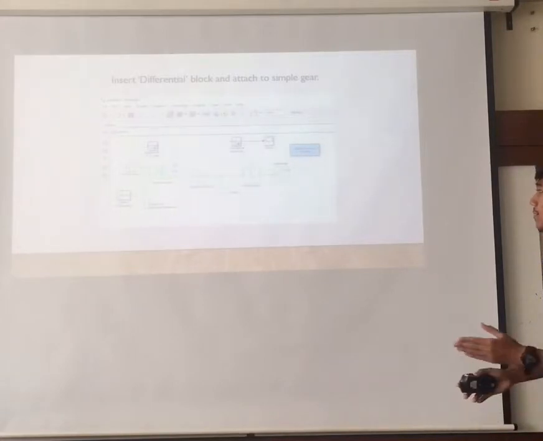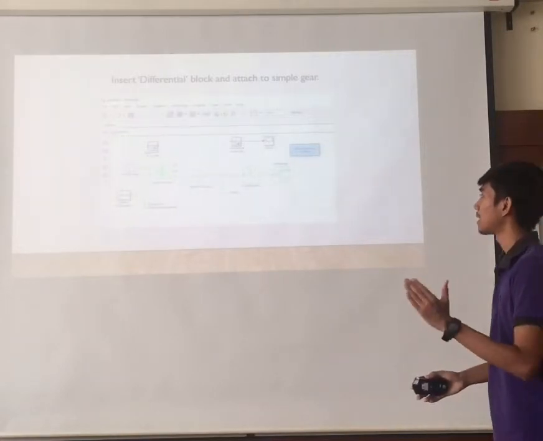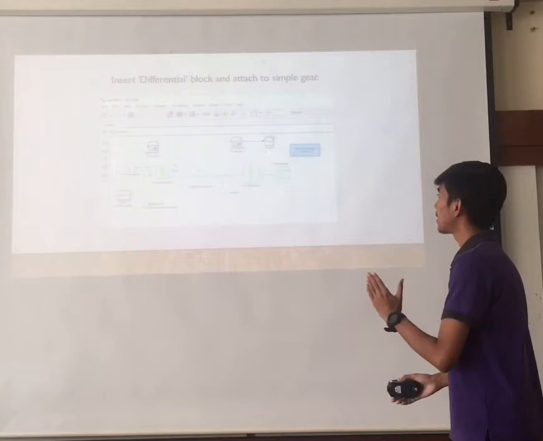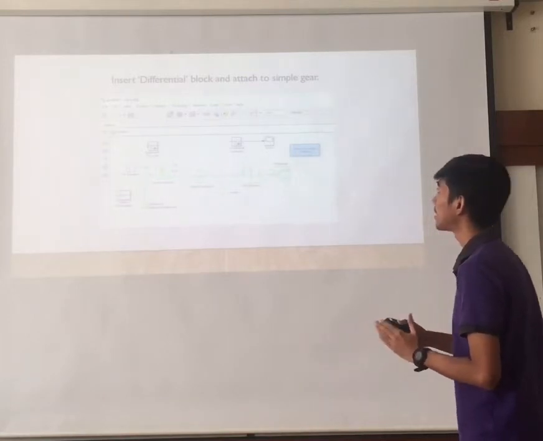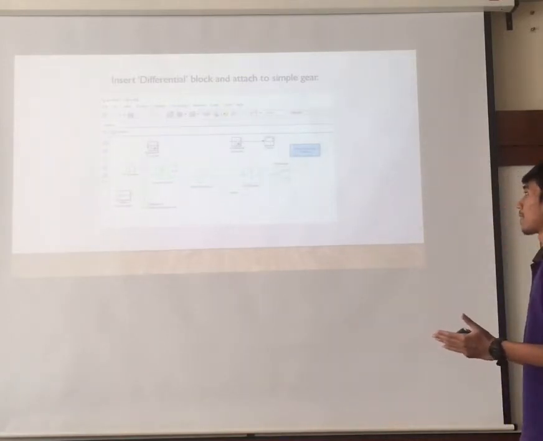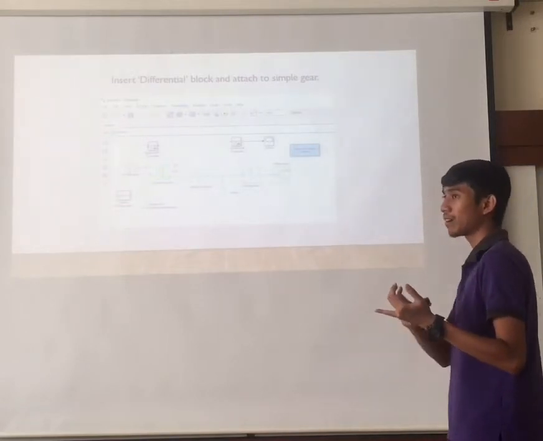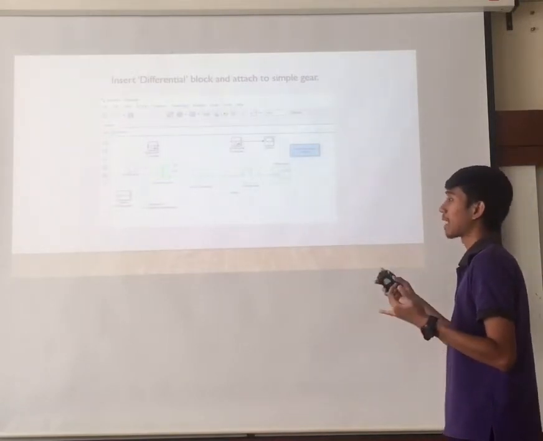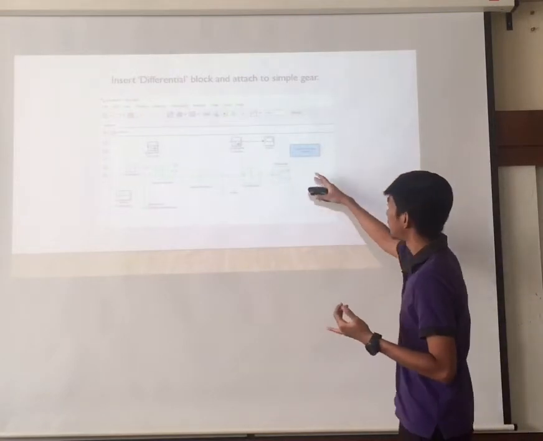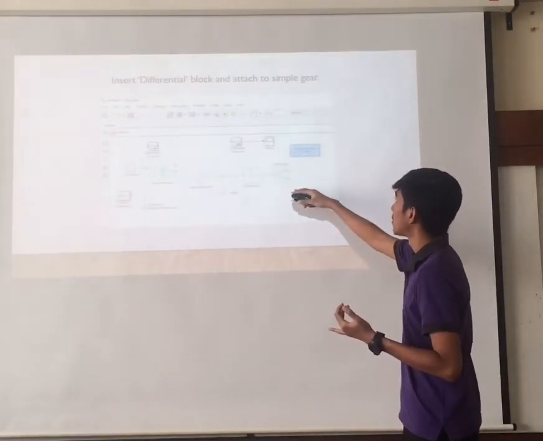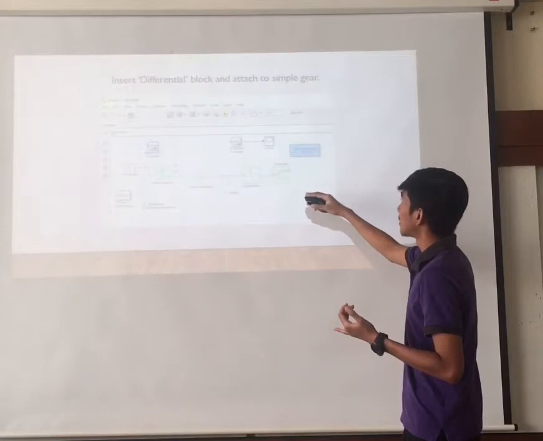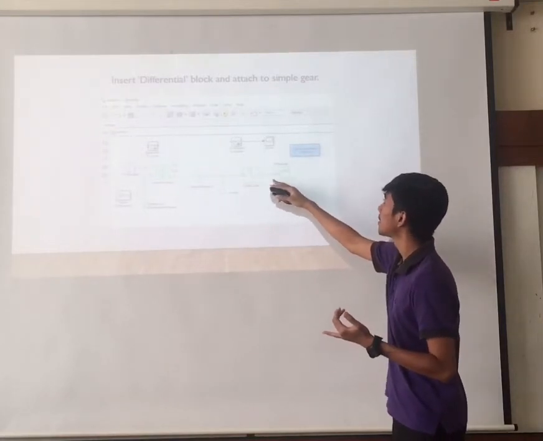Okay, after we put the torque converter, inertia, and simple gear, then we insert the differential. The differential is for the engine power to transmit to the tires. So here is the differential, and then attach it to the simple gear.